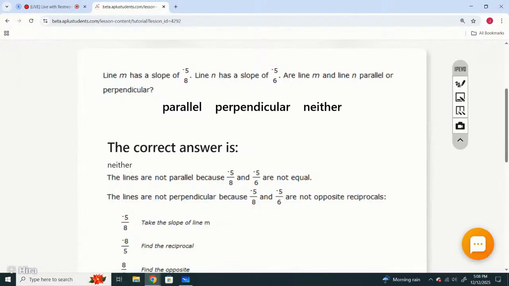The lines are not perpendicular because if two lines are perpendicular, then their slopes are negative reciprocals. Okay, let's just start with the test questions.